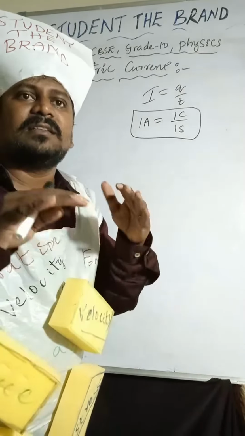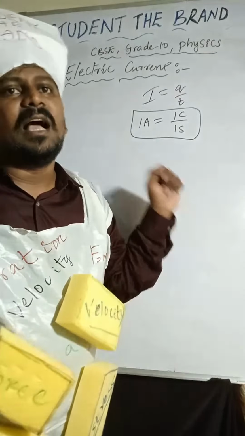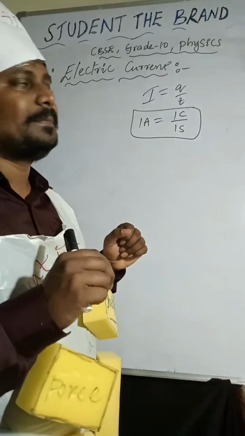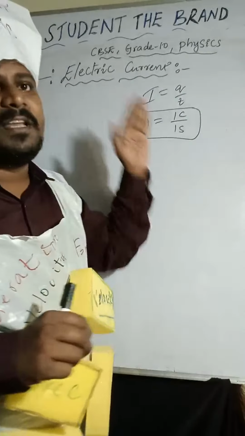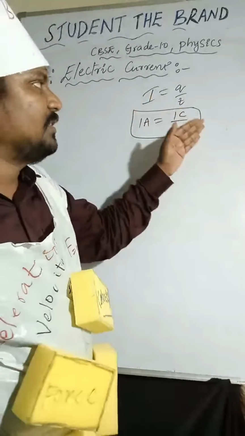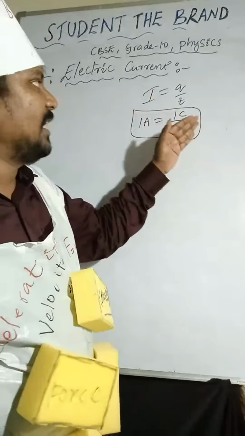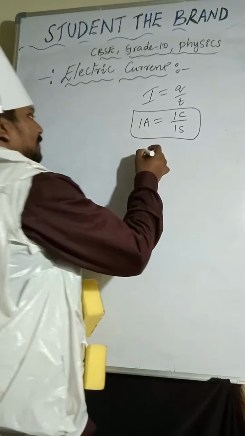Simply, we can say the rate of flow of charge, I equals Q by T. 1 ampere is nothing but 1 coulomb of charge flowing through unit cross section area per second.